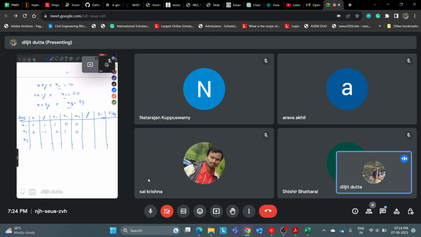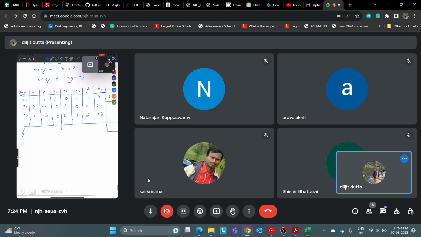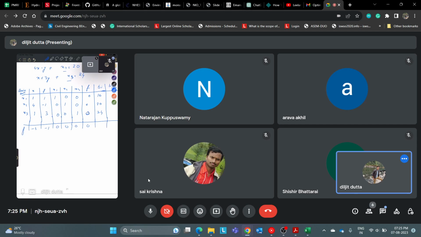And for the third equation, 1, 3, 0, 0, 1. F will be 0, 0, 0. B is equal to 10, 20, 24. And for f we have minus 4 and minus 1, then 0, 0, 0. The value of f is initially 0 because both x and y are non-basic variables.